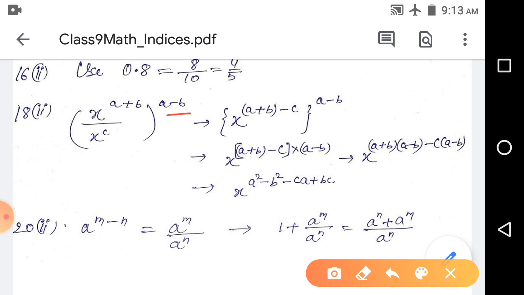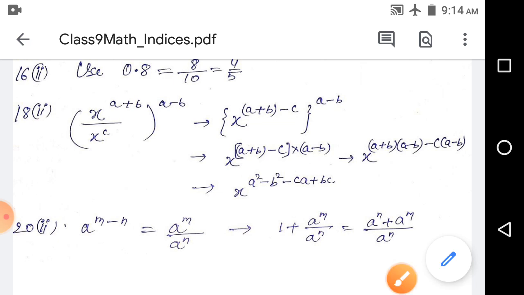It can be written as x to the power, see, those two exponents are subtracted because the bases are the same, so x to the power a plus b minus c, whole to the power a minus b. Then we will multiply those because the powers are multiplied together, so x to the power (a plus b minus c) whole into (a minus b).